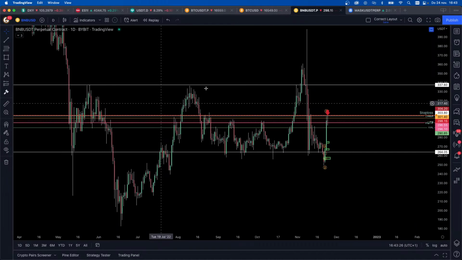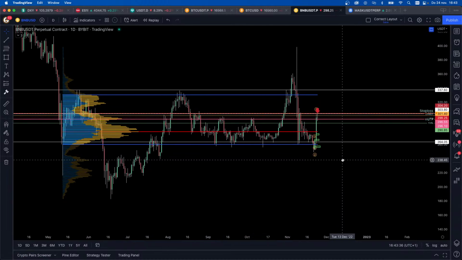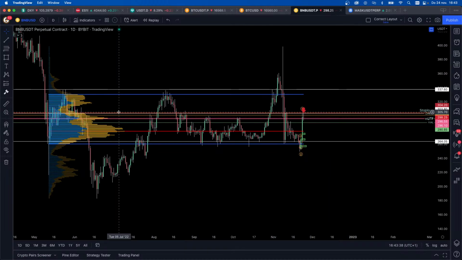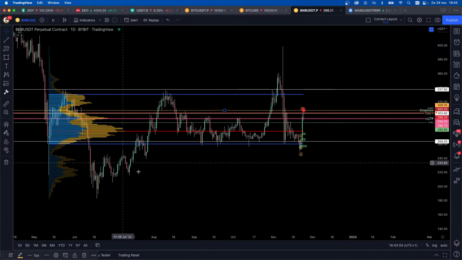So this is the range that you are working with, and if you take the fixed range, then in my opinion there is a gap in volume over here. You have this value area high, but you have to look at the mountain that's placed on your chart.